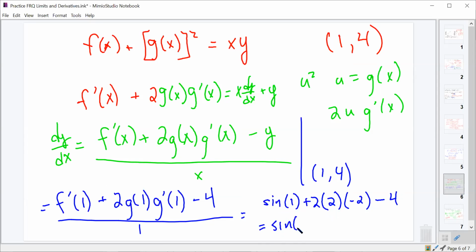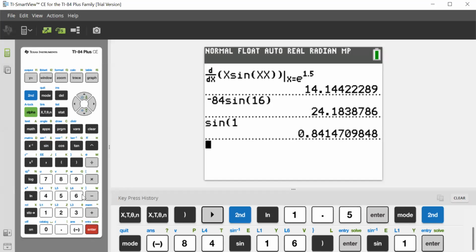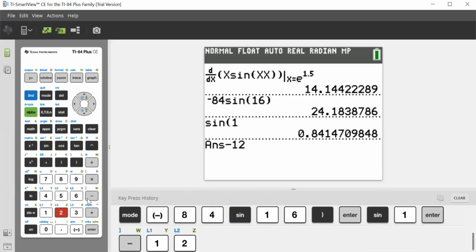So we've got sine of 1, and then we've got minus 8, minus 4. And if we take a look on the calculator, we should be able to approximate that, which is what it asked us to do. Sine of 1 is that, minus 12 gives us negative 11.159.